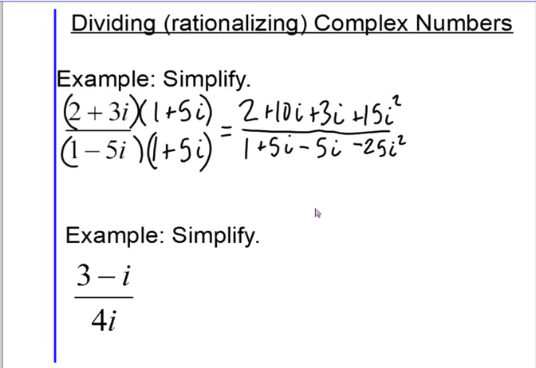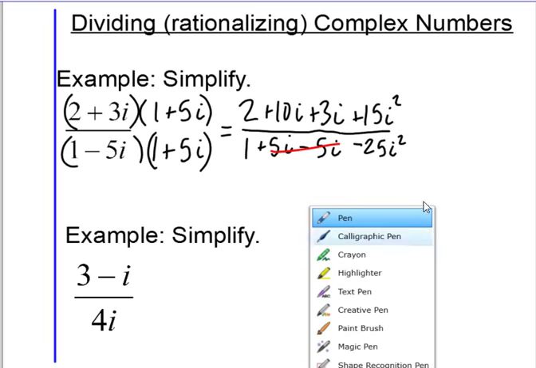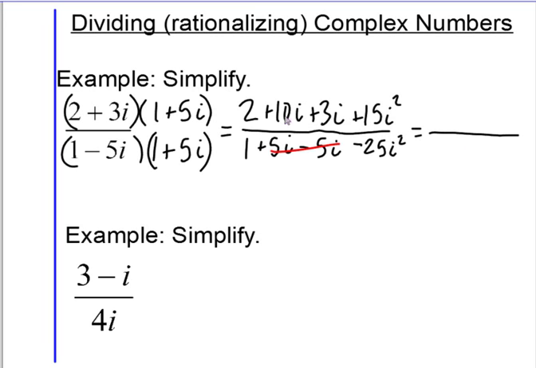So let's combine like terms. This makes 0, so that will no longer be in my answer. On the top, I also have 10i plus 3i, that's 13i. And remember that this part, the 15i squared, is actually a negative 15 because i squared is negative 1.